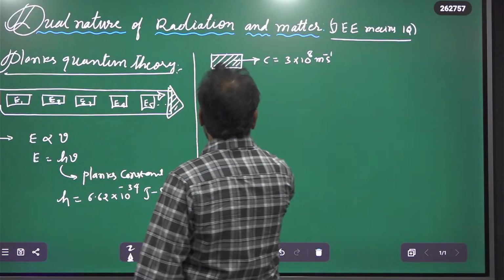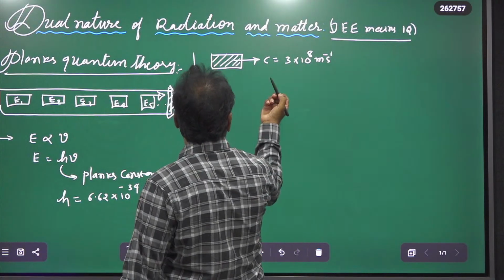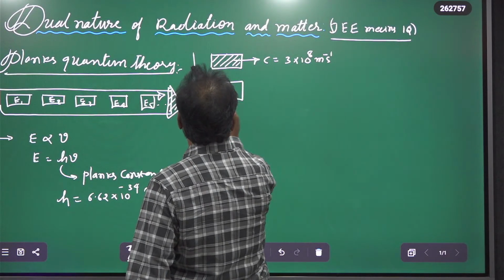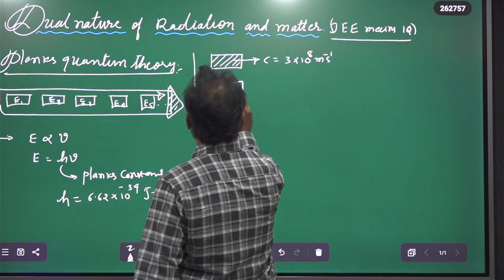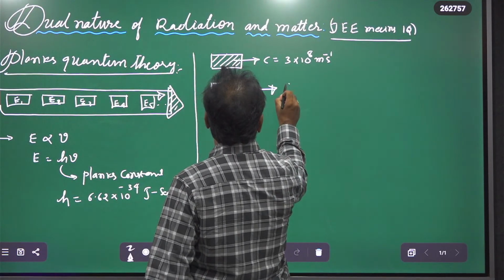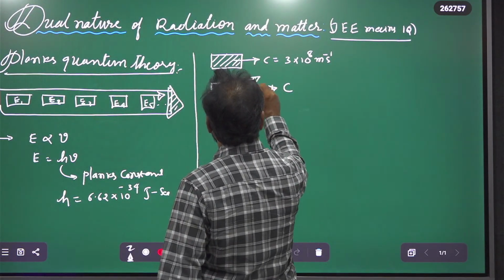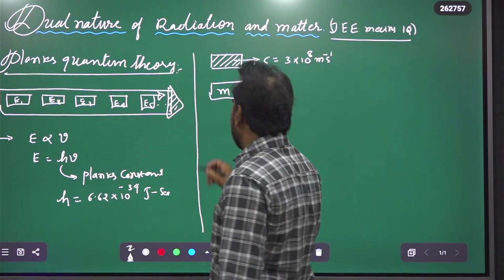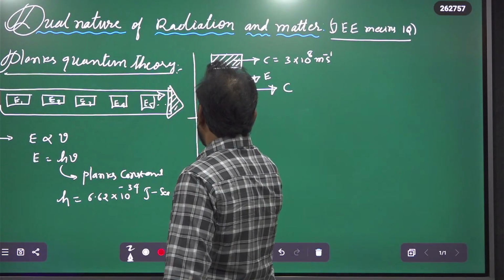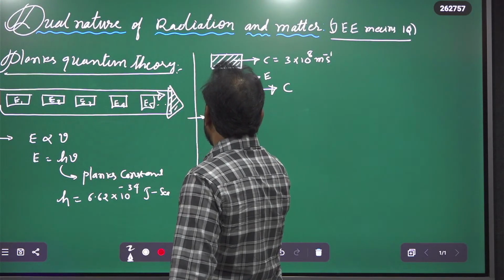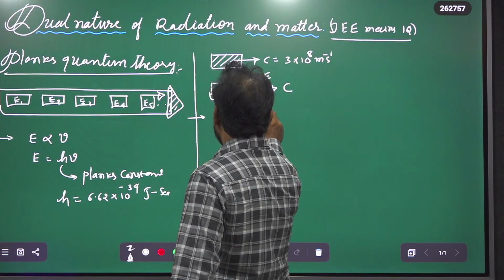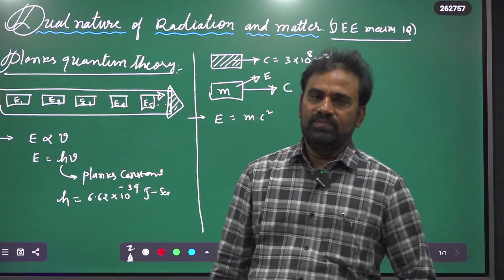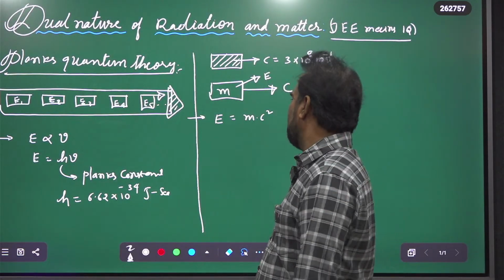When a photon is traveling with the velocity of light, it is possessed with mass also. Suppose consider a photon which has some amount of mass, traveling with velocity of light c, and possessing some amount of energy E. According to Einstein's energy equivalence equation, the energy of the photon can be written as E is equal to m c square.